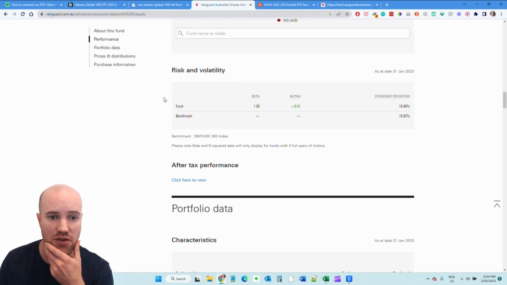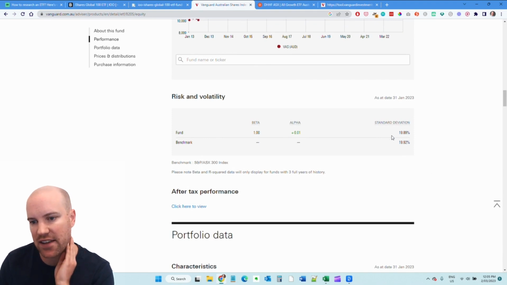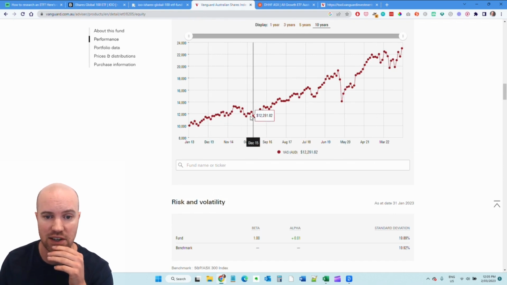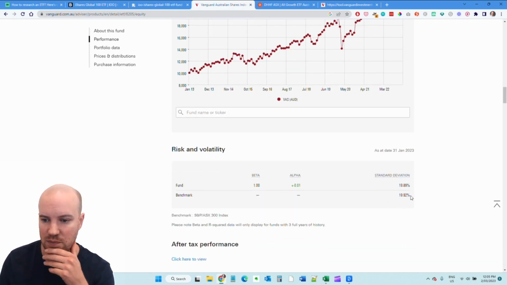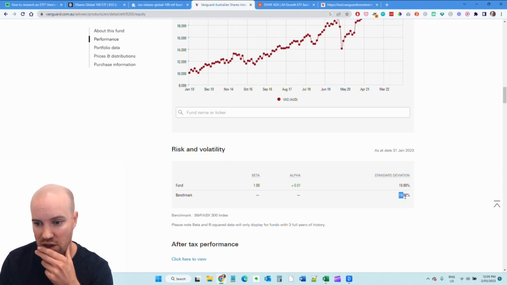Standard deviation. So this is a good one. This wasn't available in the iShares page. Standard deviation is an explanation of the volatility that you'll see from the fund. So pretty much the higher the standard deviation, the more volatile it'll be. That means it'll jump around over the course of time. You'll see funds like this, which are purely invested in stock markets and equities across the world, are going to be higher.